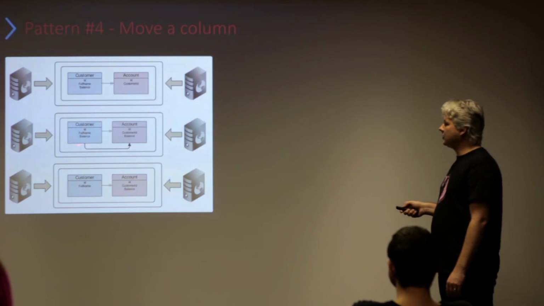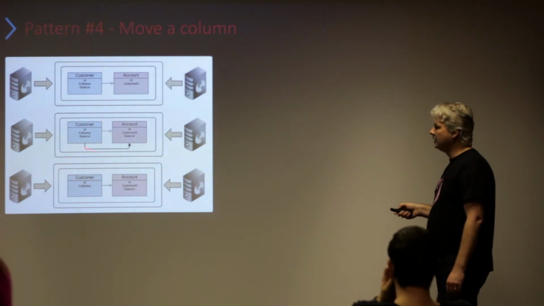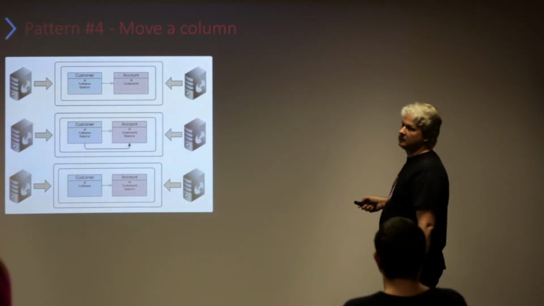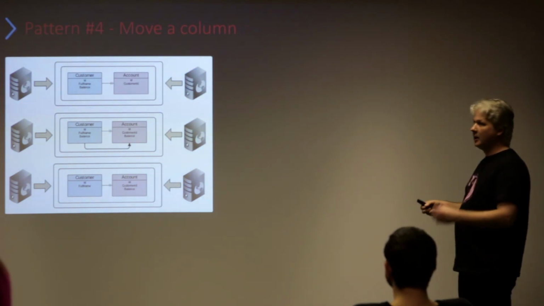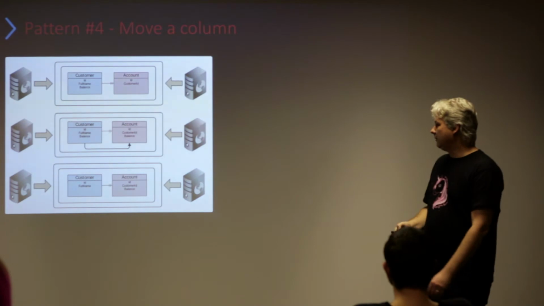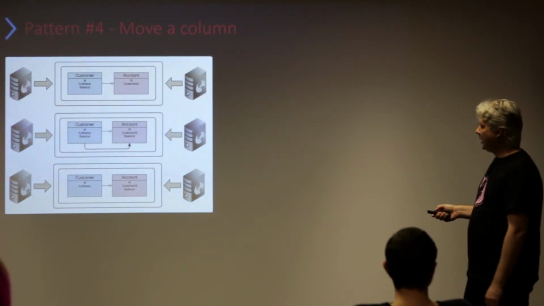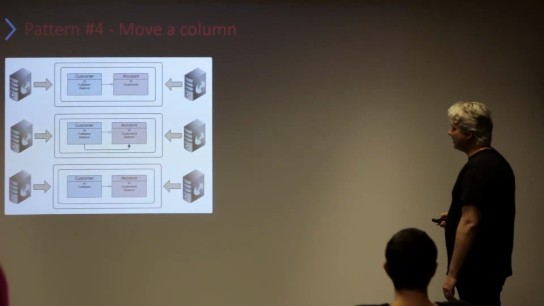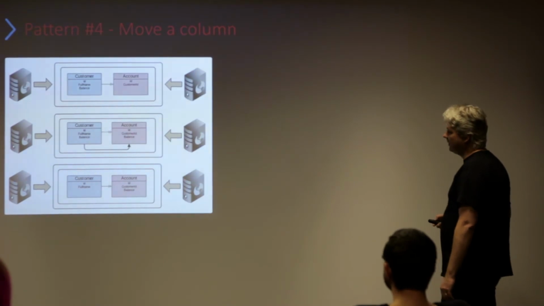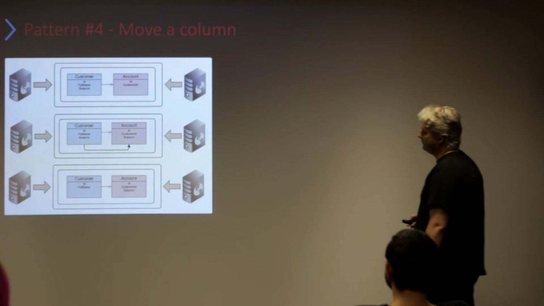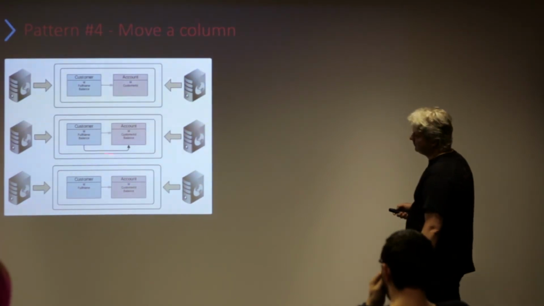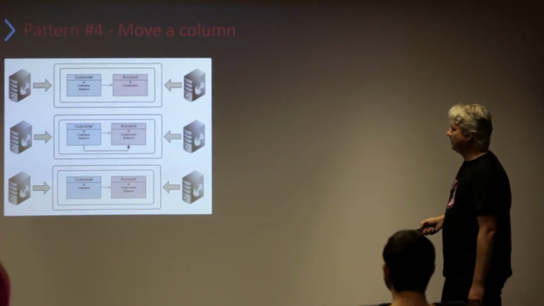And then we create a trigger that's actually going to keep feeding the balance value back into this side and potentially feed it back onto that side again. So we're actually keeping this data in check with triggers. And over time, these guys make their change to their system, and we can then remove the column from this side and keep it on that side, and remove the trigger, and now both systems are actually in sync.